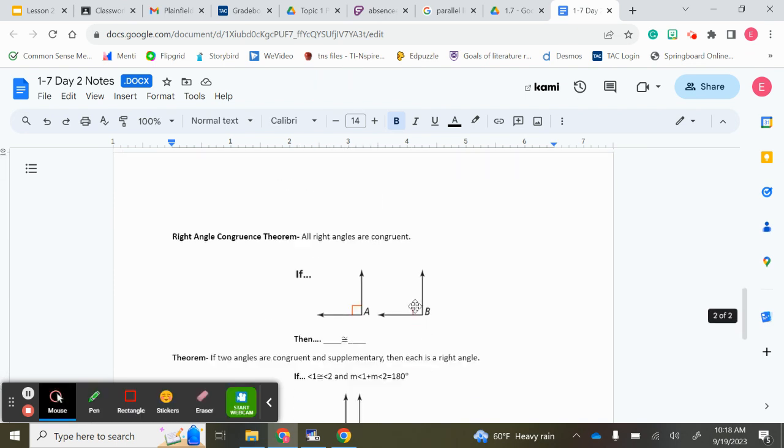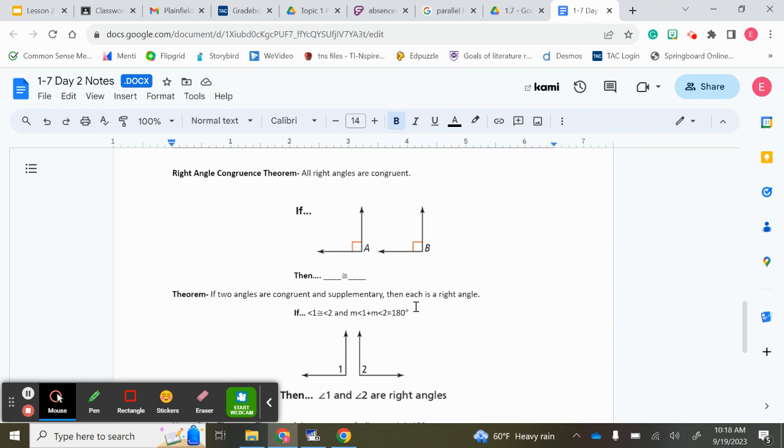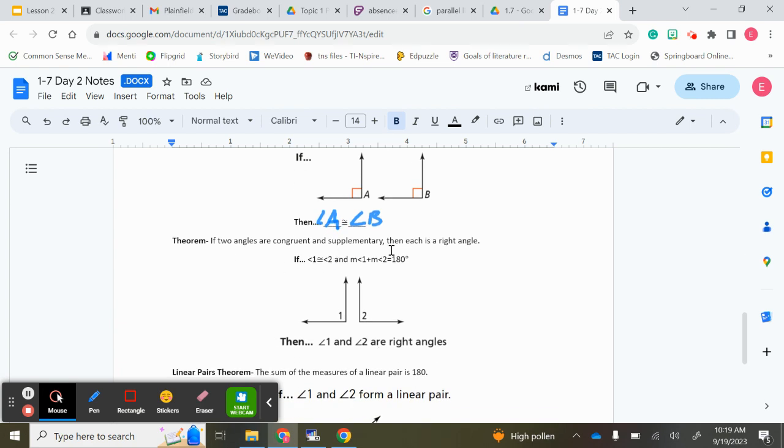All right, let's take a look at the right angle congruence theorem. This is kind of one of those dull ones where it says all right angles are congruent, right? So if you have 2 right angles, you know they're going to be congruent. So in this case, we're going to state that angle A would be congruent to angle B. If we look at this one, it says if 2 angles are congruent and supplementary, then each is a right angle.